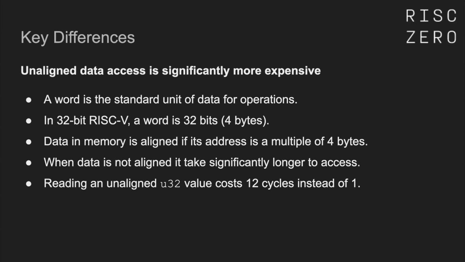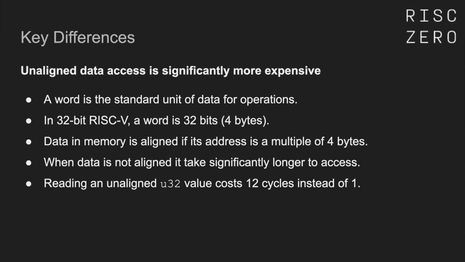When a value in memory exists at an address which is a multiple of 4 bytes, it's considered aligned. If it's at an address that is not a multiple of 4 bytes, say the last digit is 1, then it is an unaligned access. The processor can only issue loads and stores of memory at aligned addresses.